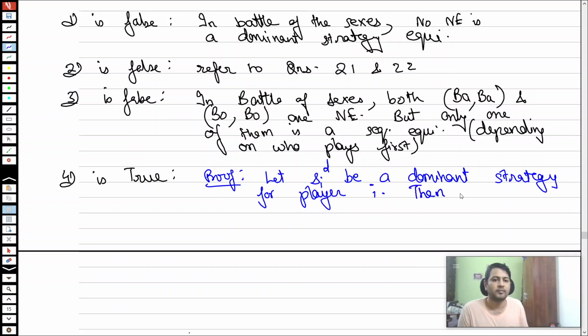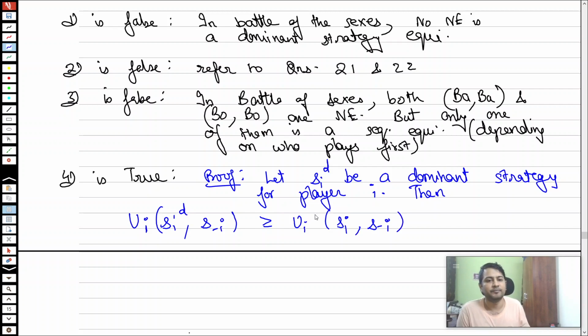Then the utility of the ith agent for Si^D given S minus i is greater than or equal to the utility of the ith player for any other strategy Si comma S minus i.